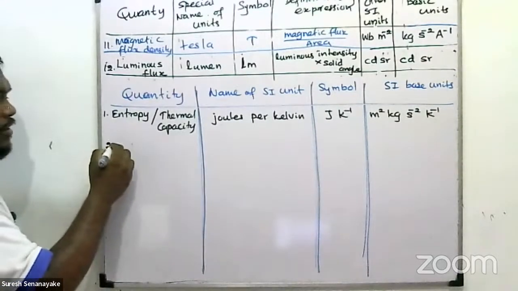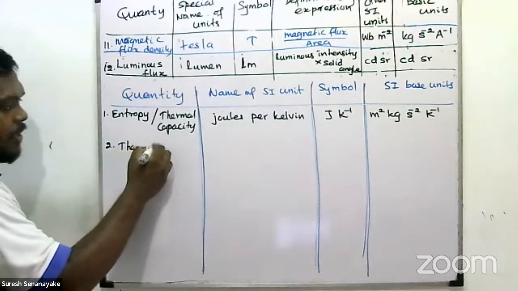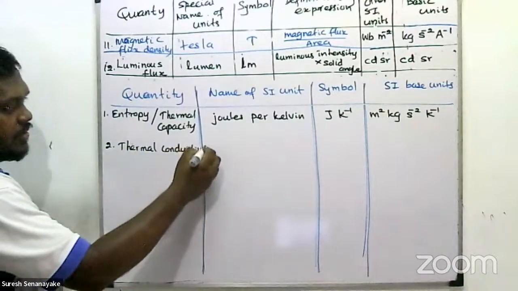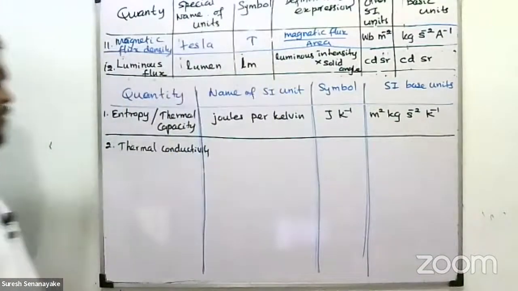The second one, thermal conductivity. Its unit is watts per meter per Kelvin.